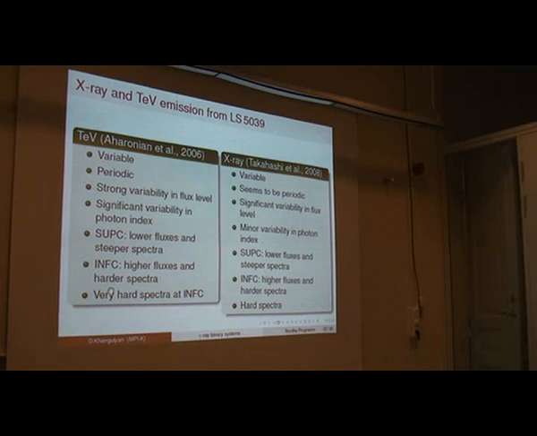If you combine this TeV observation and X-ray observation, we may see that the properties in these energy bands are similar, but they are not exactly identical. And so here you may see this summary.